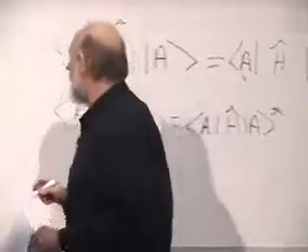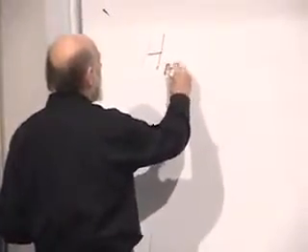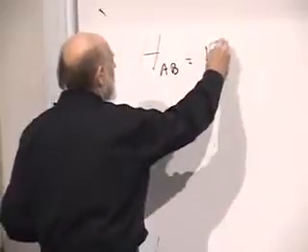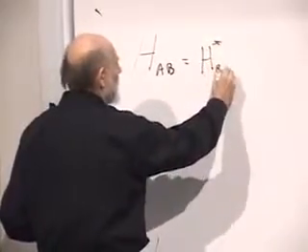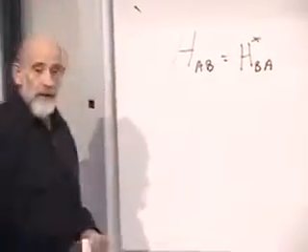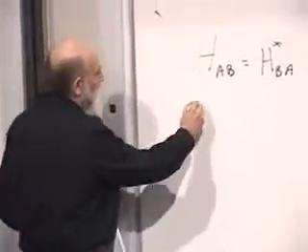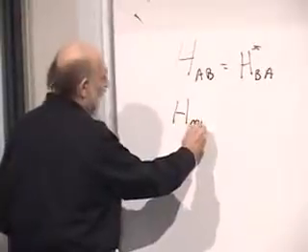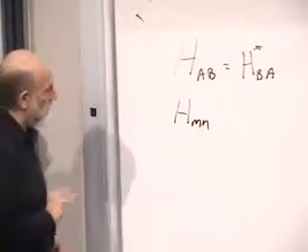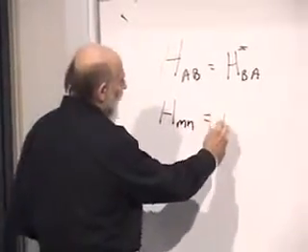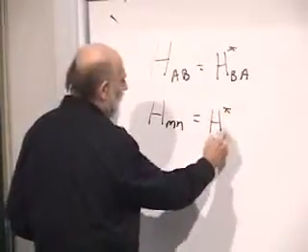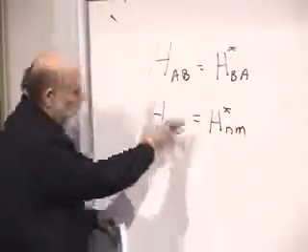Another way to write it, <A|H|B> is the complex conjugate of <B|H|A>. In particular, the same thing is true for basis vectors. So <M|H|N>, if M and N stand for basis vectors, is equal to the complex conjugate of <N|H|M>, where I've interchanged N and M.